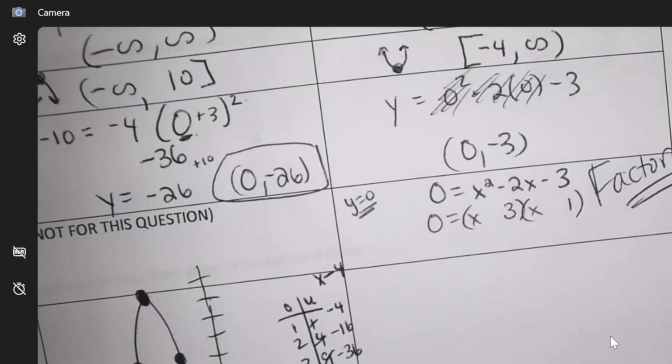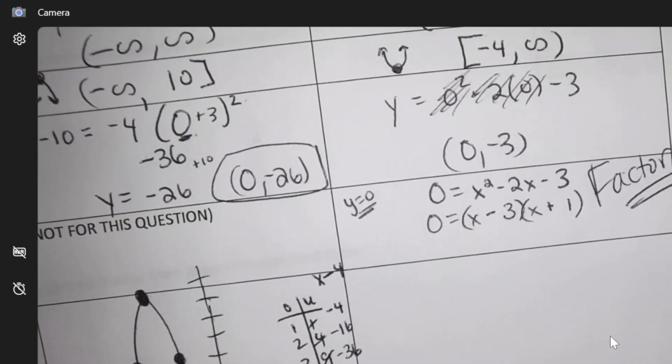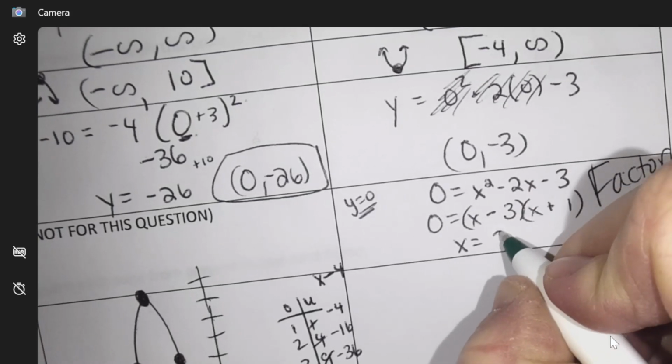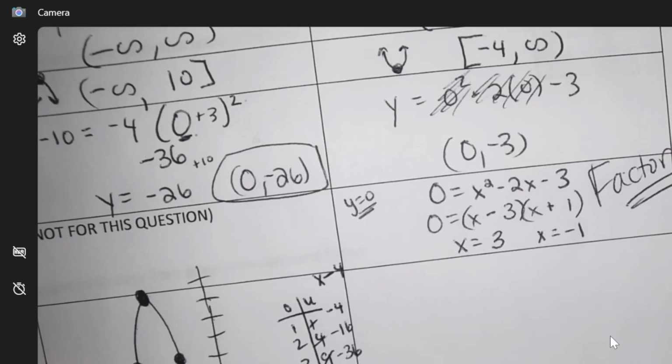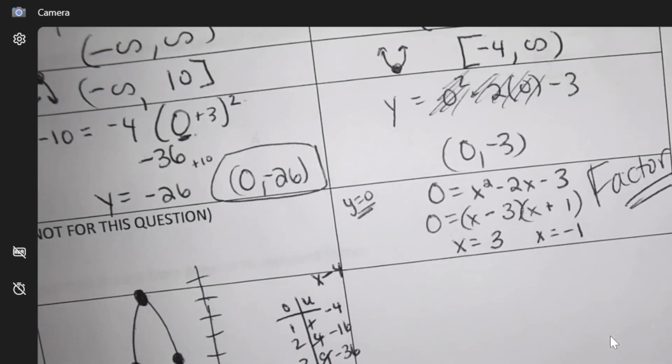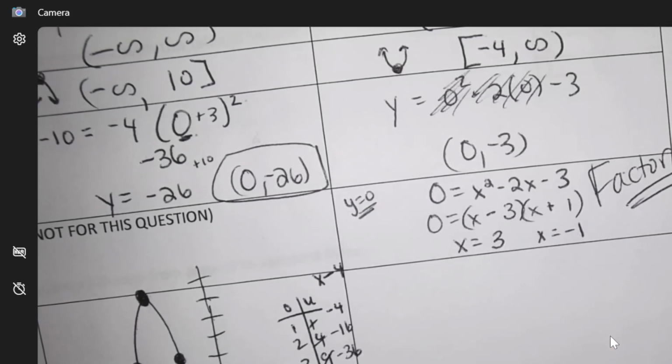Simple trinomial, x, x. What multiplies to 3 and adds to -2? What value actually makes it 0? +3 minus 3, yep, and -1 plus 1. Make the 0.